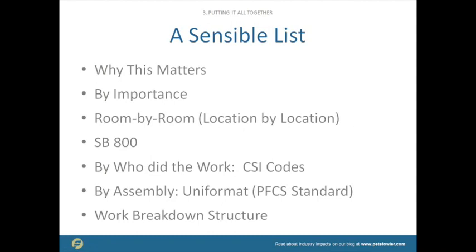We prefer Uniformat, which is by the construction assembly. So in MasterFormat, if there's plastering in the shower and plastering on the outside of the building, those two sections are very near one another, because that's sort of by who does it. If you're using Uniformat, then the windows and the exterior cladding, like stucco or plaster, are very near each other.